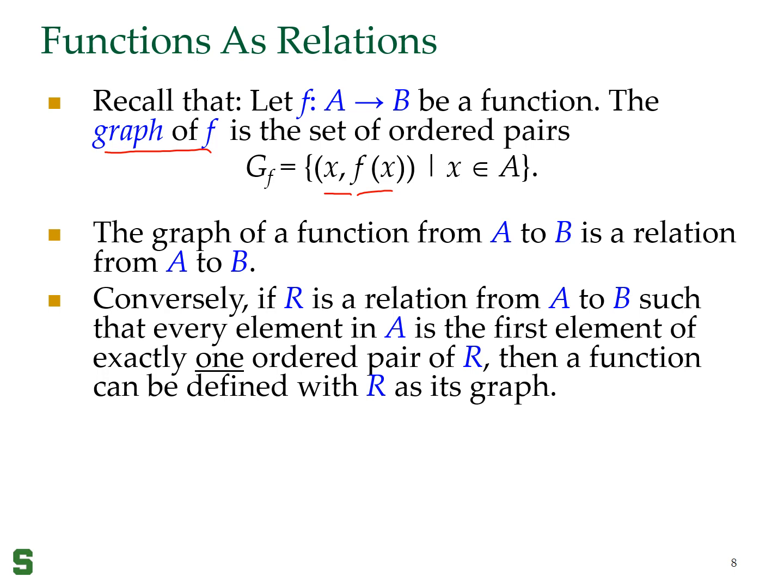However, if the relation that we were looking at had the property that every element in A is mapped to exactly one element in B, then we could convert it back into a function.